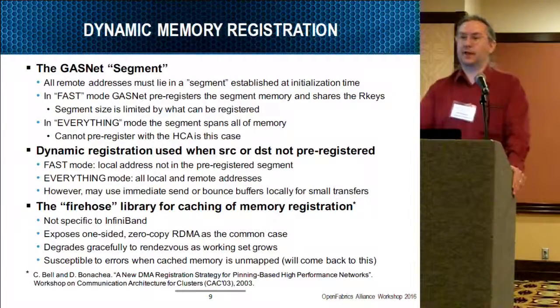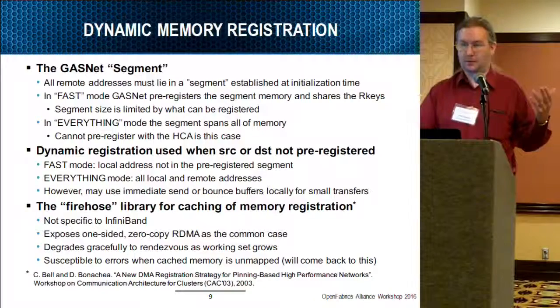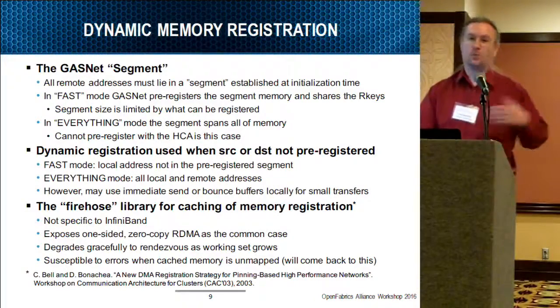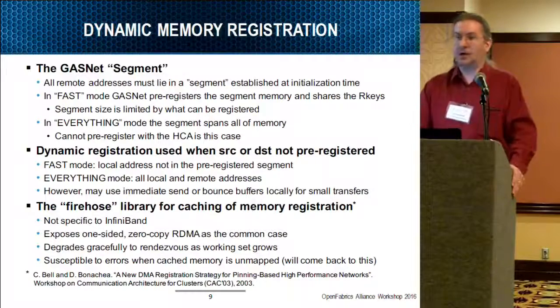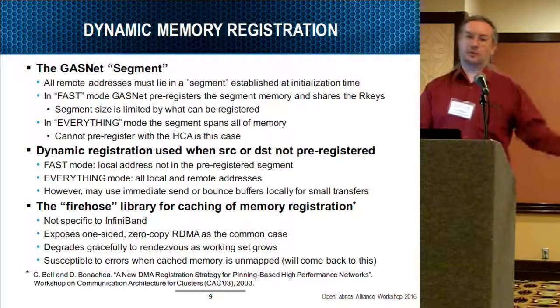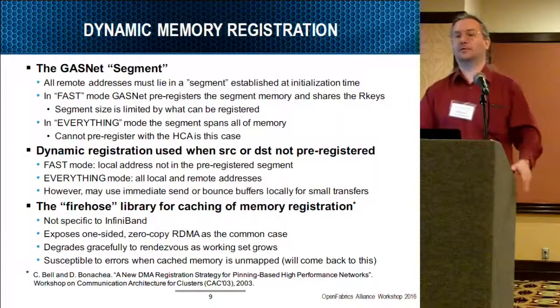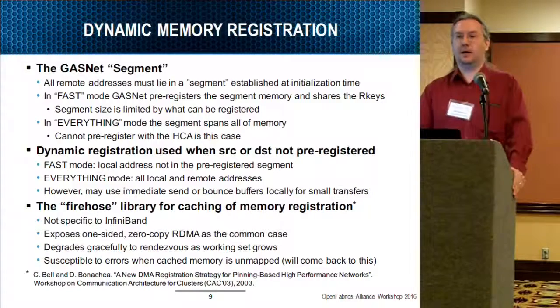Unfortunately, this is not infinitely scalable because I can't partition a 128,000 max number of registrations among 1 million peers, for instance. It's also susceptible to certain errors when we've cached something. We've cached that a virtual address corresponds to a particular R key, but the malloc library, when you free an object at maybe 2 levels of software above us, that may be unmapped, and malloc may again map that same address later, and we will be using an R key that corresponds potentially to a completely different page frame than the user gets with the same virtual address.